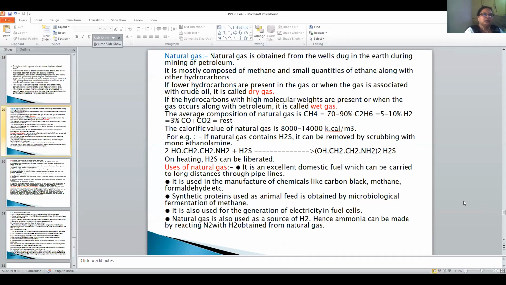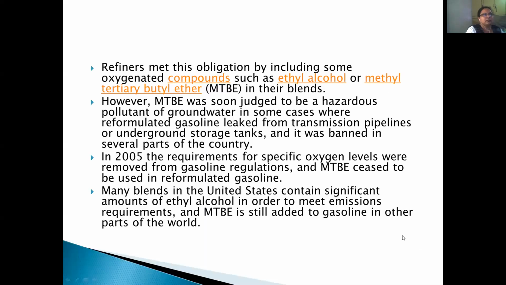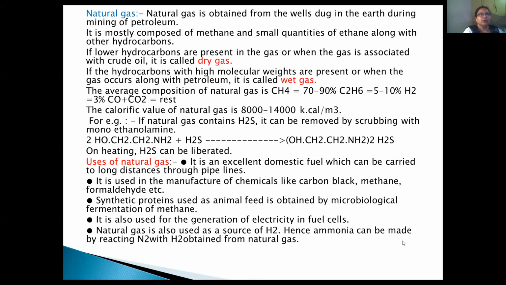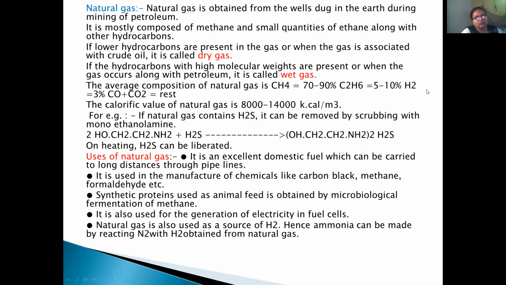First, coming to natural gas. Natural gas is obtained from wells dug in the earth during mining of petroleum. It is mostly composed of methane and small quantities of ethane along with other hydrocarbons.